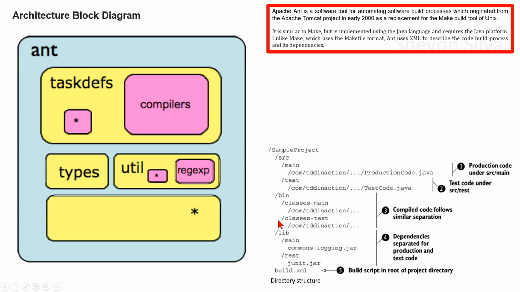Not surprisingly, the libraries we depend on are separated under lib/main and lib/test. Once again, the separation makes it easier to manage the different sets of dependencies for runtime and development, and simplifies the act of creating a deployment archive, which should only contain compiled production code and only runtime dependencies.